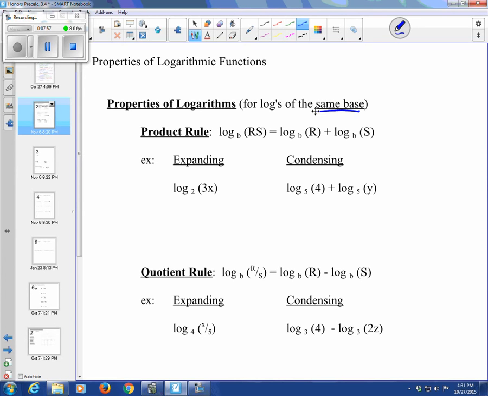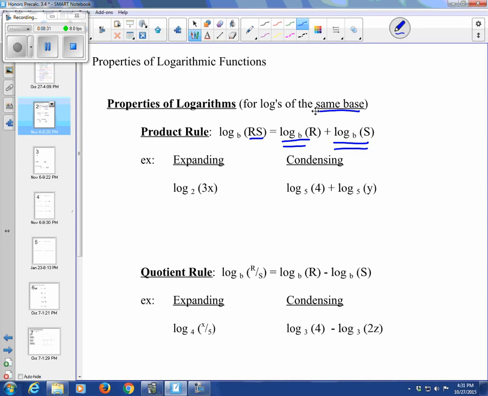Right here, the product rule is that thing we first talk about right here. Again, when I'm adding two logarithms, if I've got a positive logarithm, I can see that as a multiplication of bases in the numerator. So I can basically say log base b of r times s could expand out into log base b of r plus log base b of s, where these two logarithms represent the exponents, and a multiplication of bases is an addition of exponents.